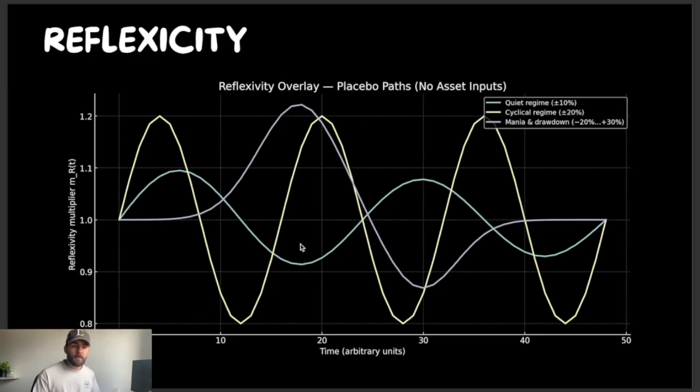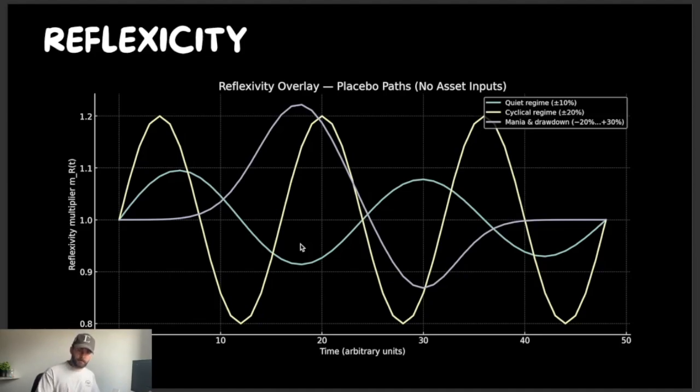Which is why, from my research at my fund, we have decided that it is best to include a reflexivity multiplier on our price bands and implement that multiplier into Diffusion and Metcalfe's law.